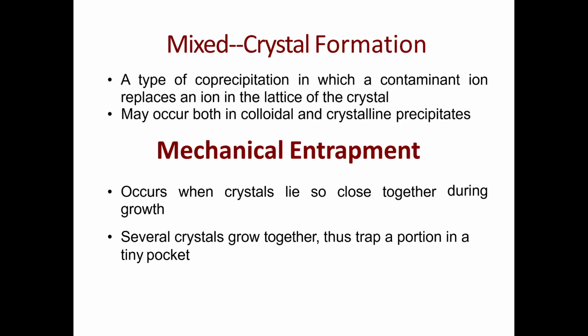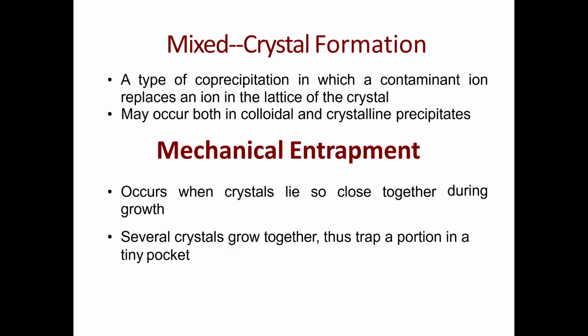Next is the mixed crystal formation, a type of co-precipitation in which the contaminant ion replaces an ion in the lattice of the crystal. It may occur in both colloidal and crystalline precipitates. Another one is mechanical entrapment. Mechanical entrapment occurs when the crystals lie so close together during growth.